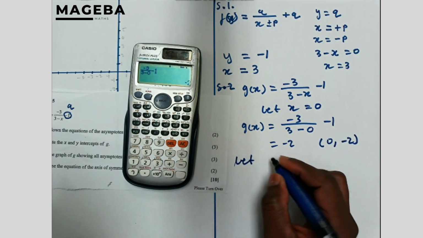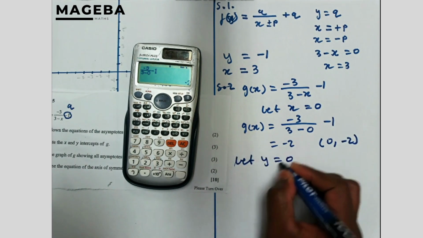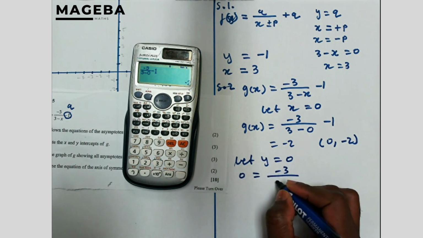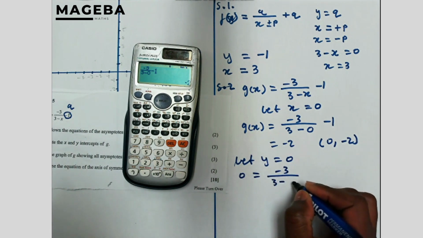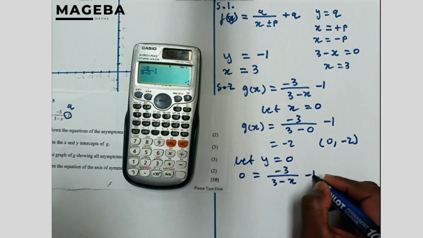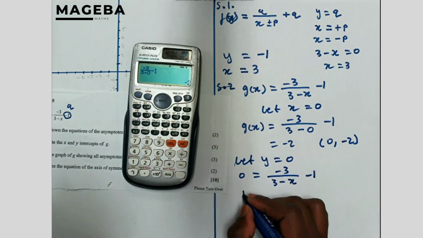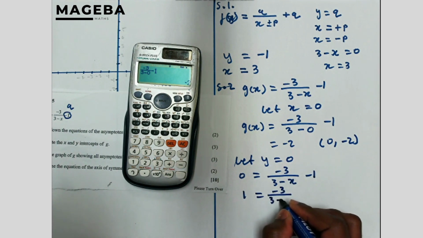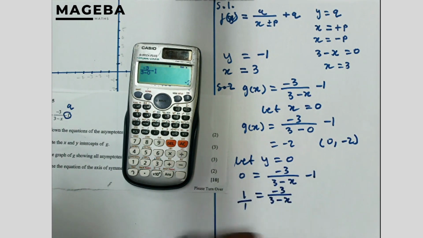Then we let y equal to 0. So 0 equals -3 over 3 minus x, and then minus 1. Take 1 to the other side, it's positive 1, over 1.